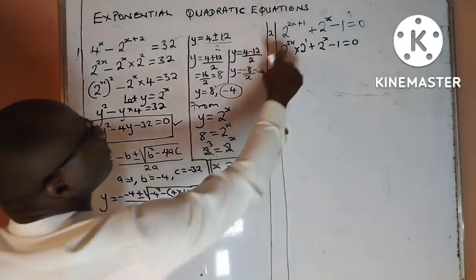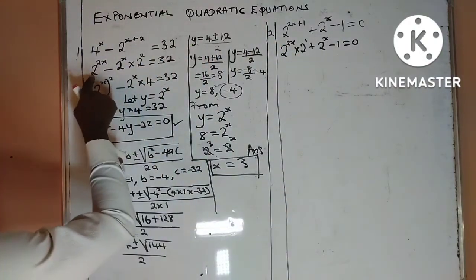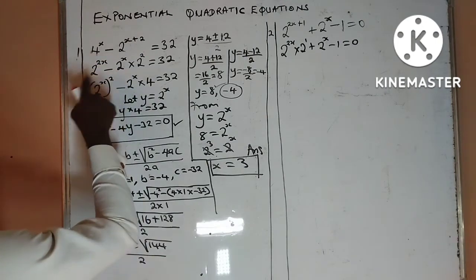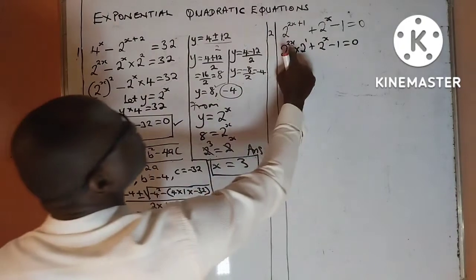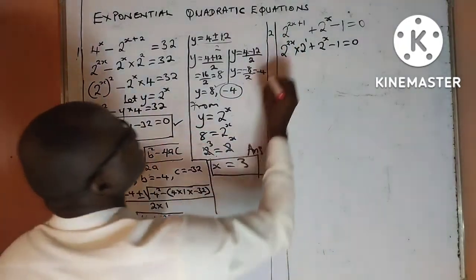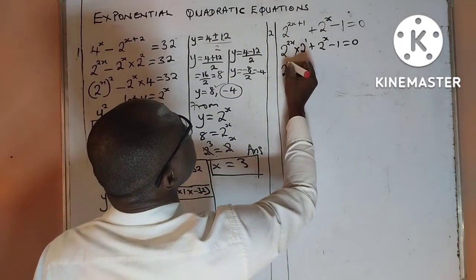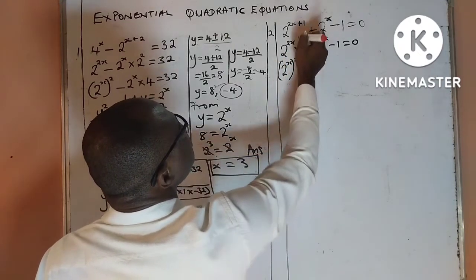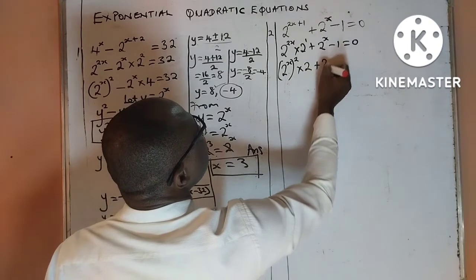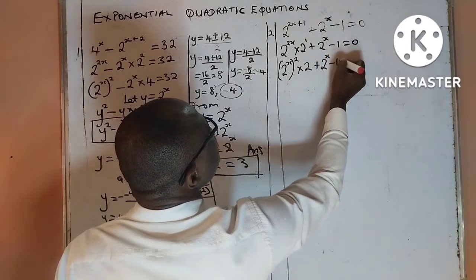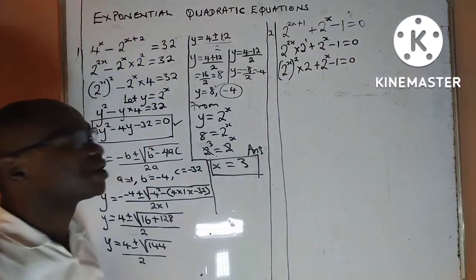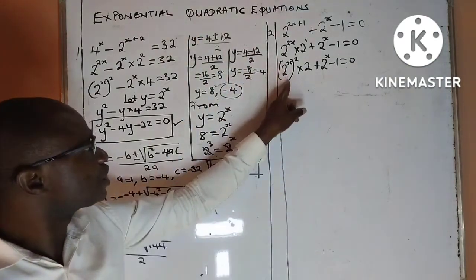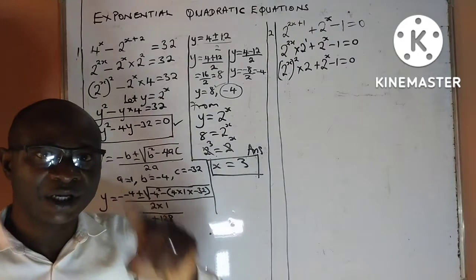So we continue. Like I did in this place, 2 raised to the power 2x, I wrote it as 2 raised to the power x in brackets raised to the power 2. I will do the same thing here. And that is going to give me 2 raised to the power x, everything raised to the power 2, multiplied by 2 raised to the power 1, which is 2, then plus 2 raised to the power x minus 1 equal to 0. So, what it means now is that anywhere I see 2 raised to the power x, I will call it y.